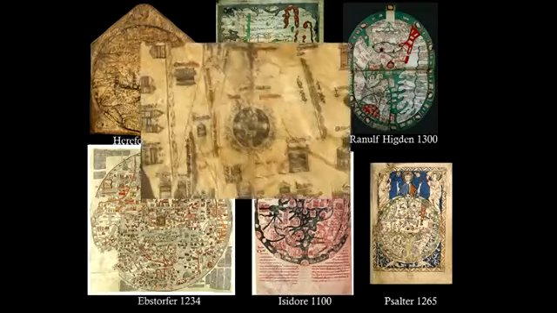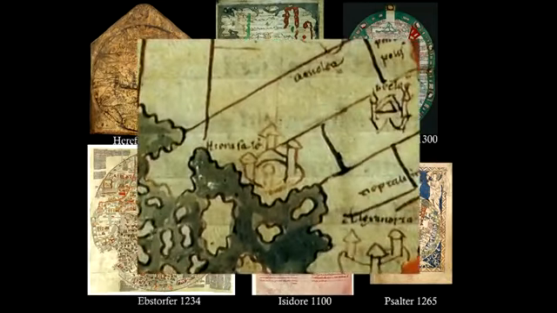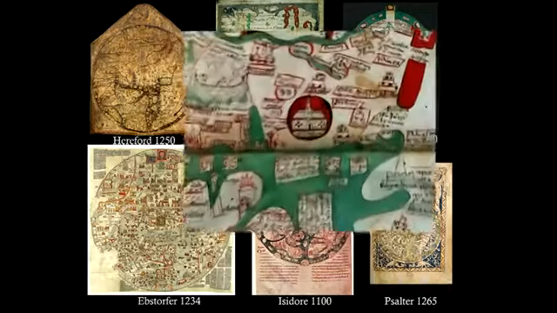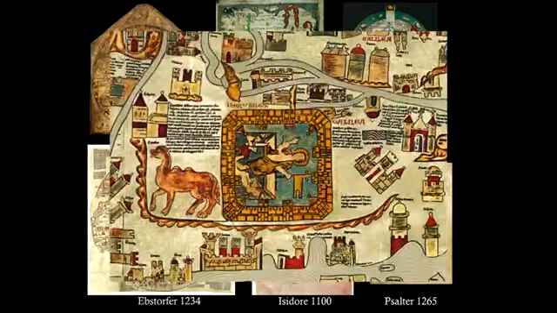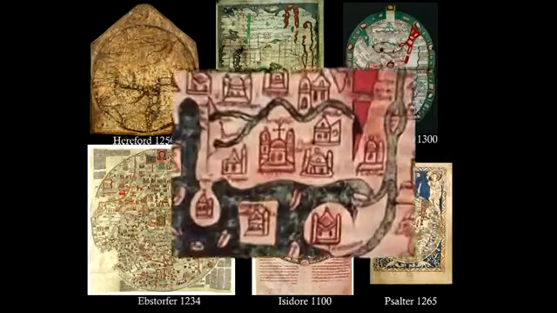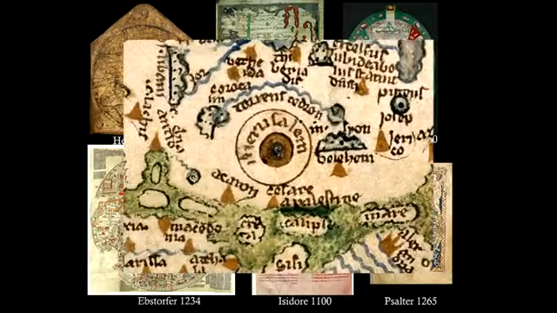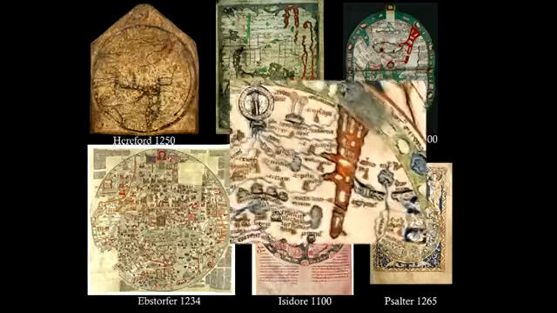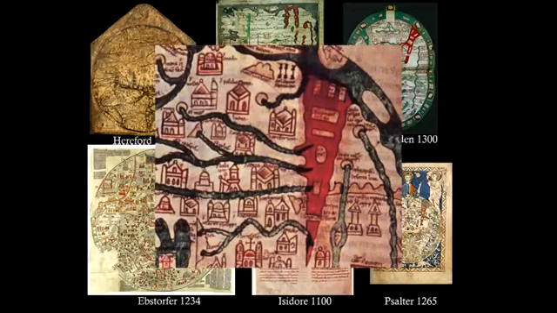In the center of the craters you have Jerusalem. Another recognizable point is the Red Sea, in the upper right hand of the map.